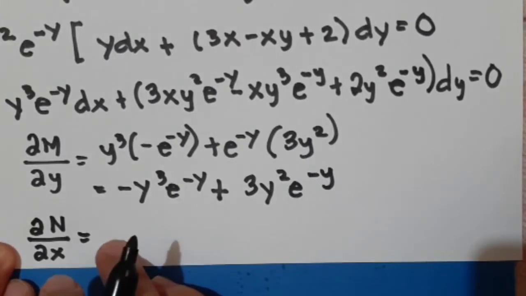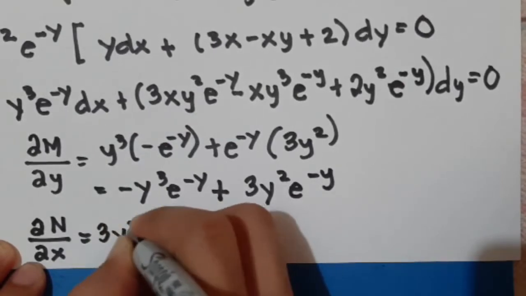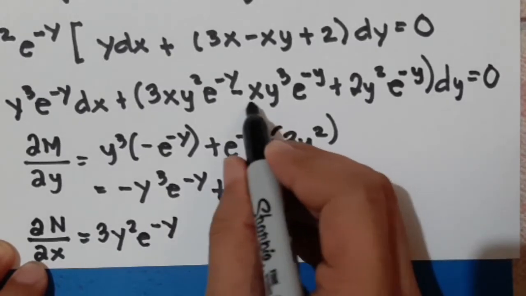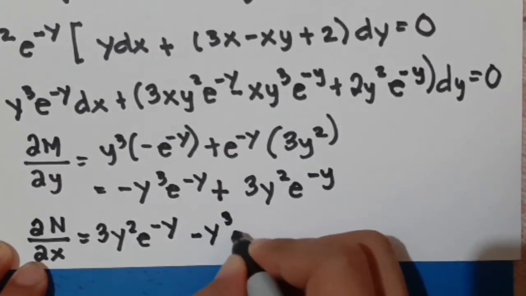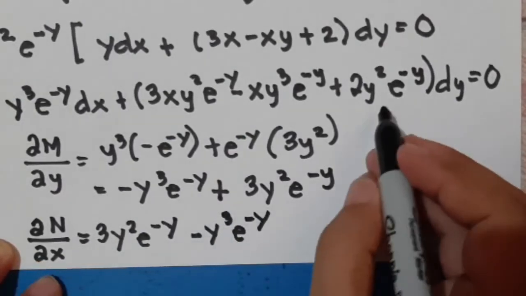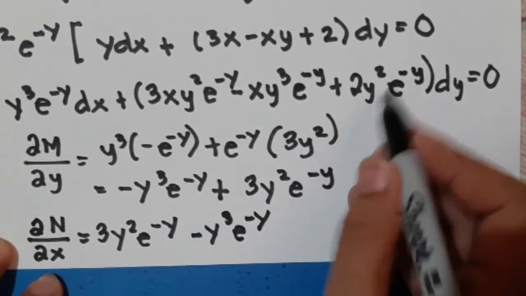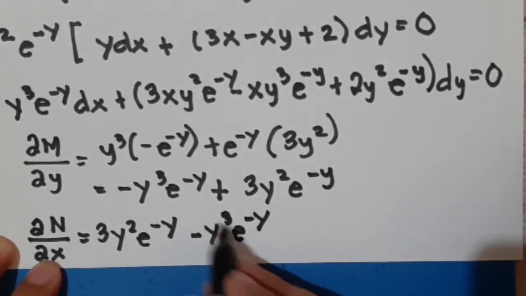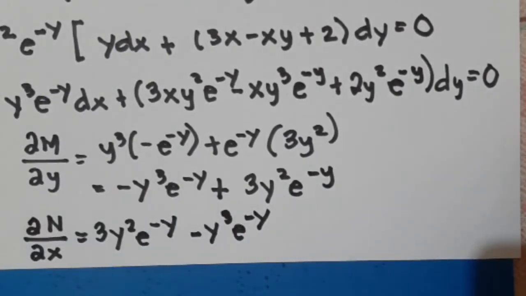So we have 3y squared e negative y, with respect to x, and then 1 minus y cubed e negative y, and since all terms involve y, this is 0. So as we observed, 3y squared e negative y minus y cubed e negative y is the same as our partial derivative of M with respect to y.